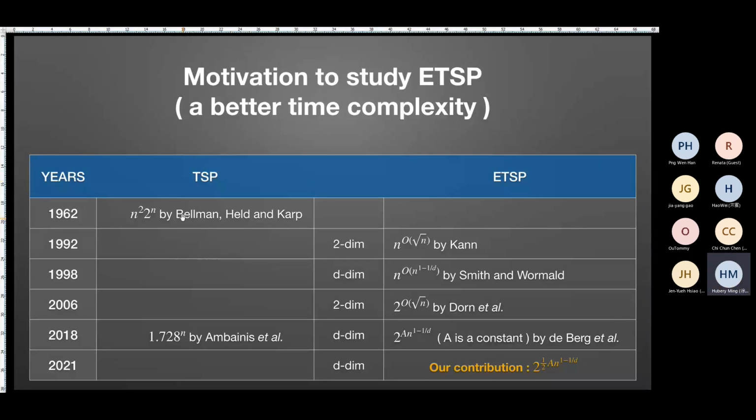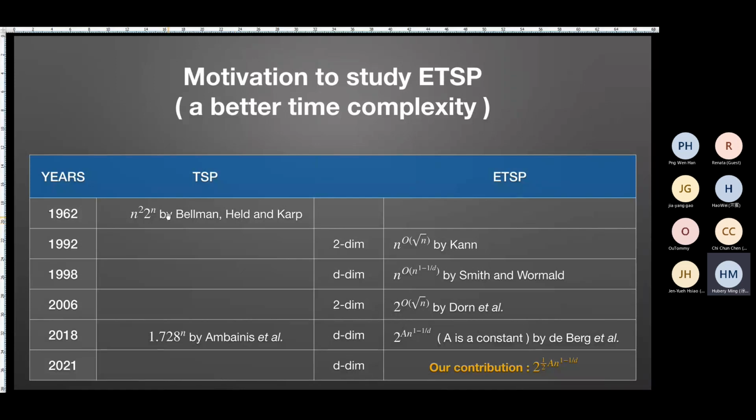The first algorithm to solve general TSP was derived by Bellman, Held, and Karp in 1962. They proposed a dynamic programming algorithm to solve the general TSP with such exponential time complexity.